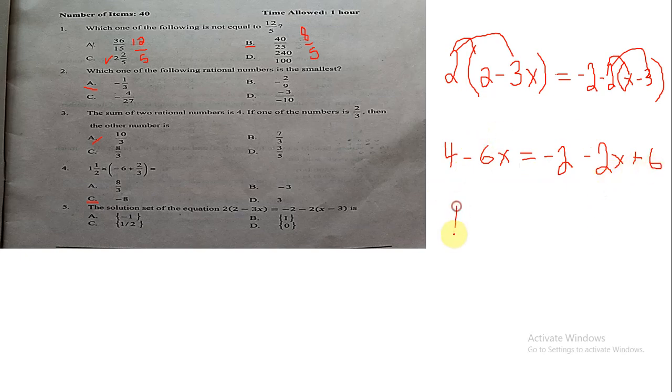Then 4 plus 2 minus 6 is equal to negative 2x plus 6x.